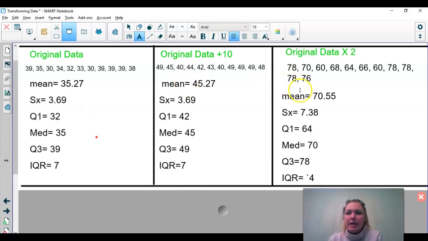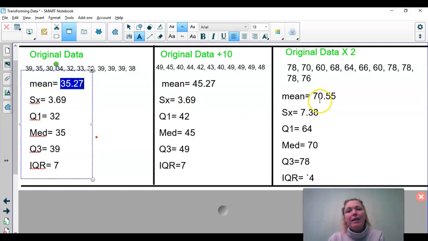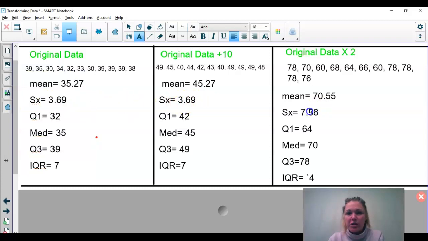Now, did we need to multiply by 2? Let's look. The original standard deviation, 35.27... actually the original mean, 35.27, if I multiply that by 2, 70.55. I rounded because I took it from the calculator. Did the standard deviation stay the same? No, the standard deviation was multiplied by 2 as well.